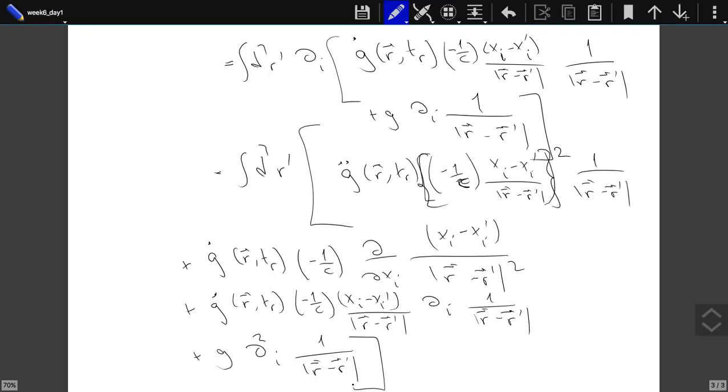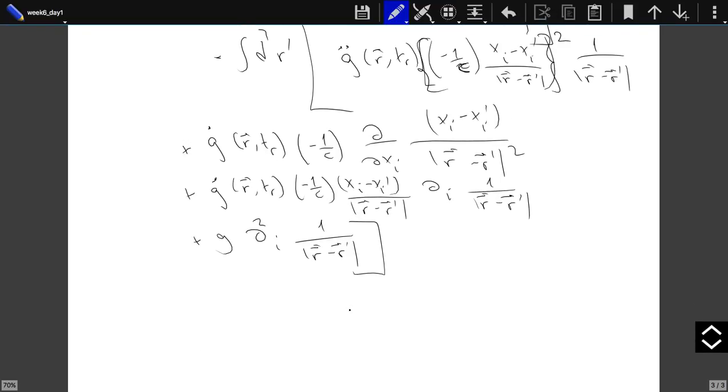Now I will make some simplifications. Do you recognize this one? So del squared of 1 over r minus r prime is just the Laplacian of 1 over r minus r prime. What is the Laplacian of 1 over r minus r prime?